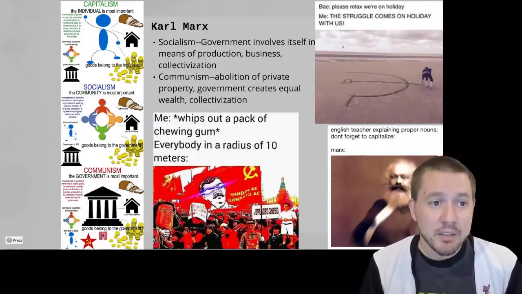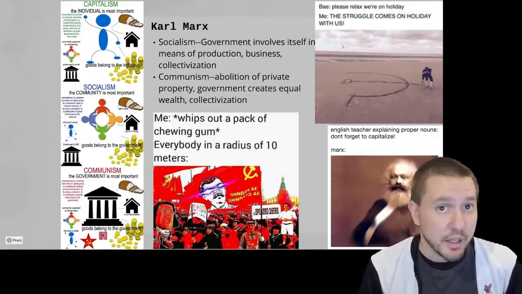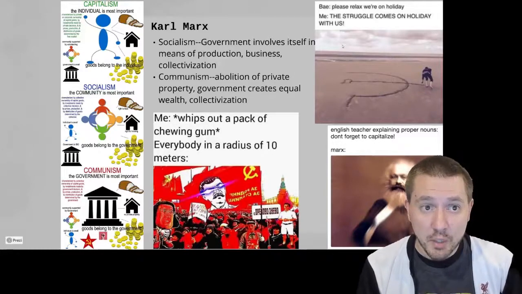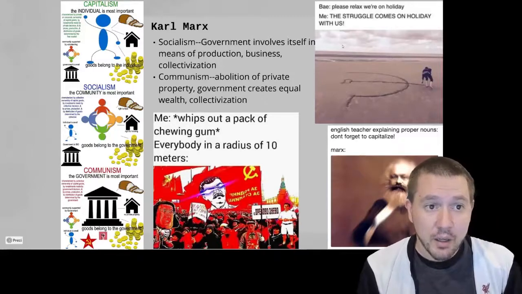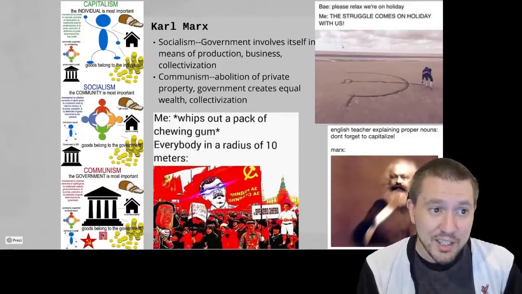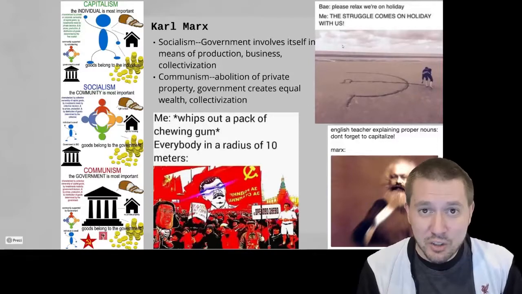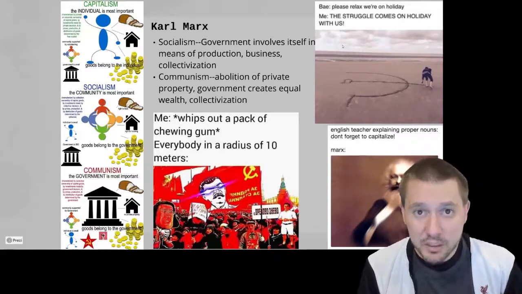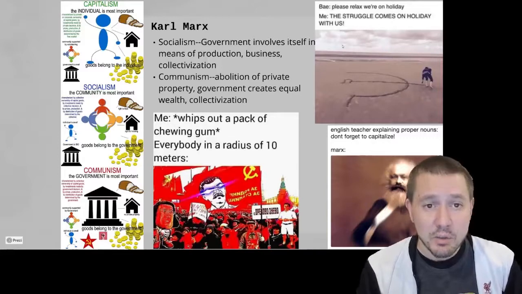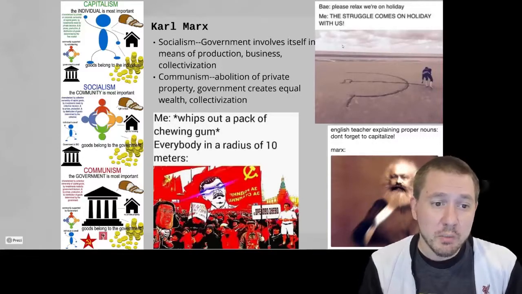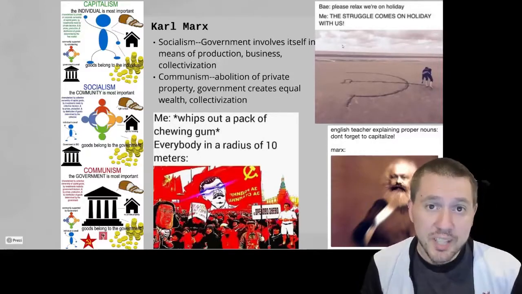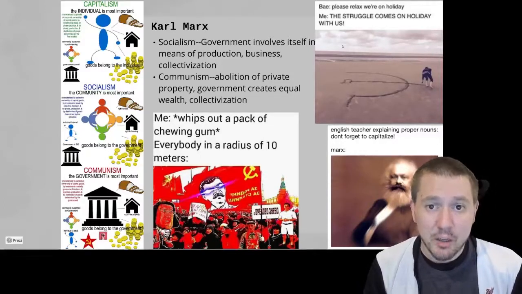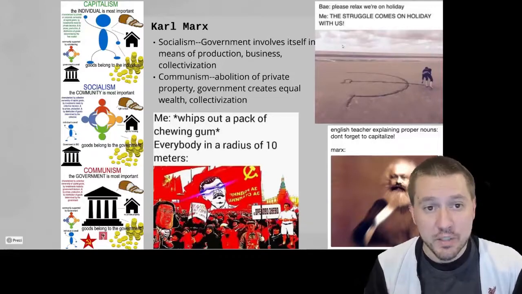But anyway, capitalism then is that goods belong to the individual, and that whatever you produce and whatever you make is given to you. There is nothing granted to you or given to you as a given. You work for what you get. Socialism introduces a use of government to protect the interests of the people, where they involve themselves in production, business, and some collectivization.